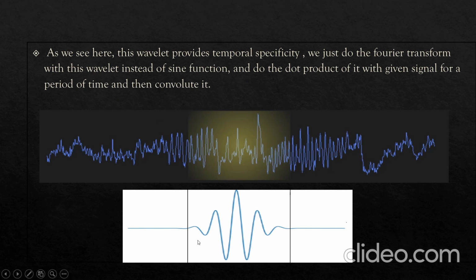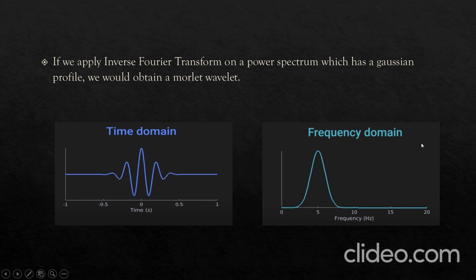This retains the specific characteristics of a certain part of the signal, which in the case of a sine function just averages out the whole signal. And one more interesting thing is that if we apply the inverse Fourier transform on a power spectrum which has a Gaussian profile, we would obtain a Morlet wavelet.